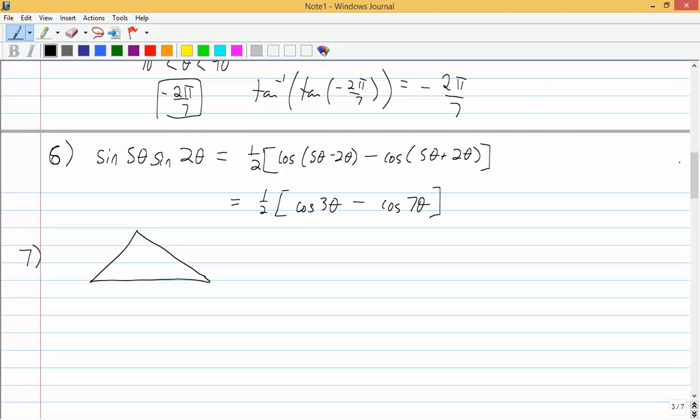Alright, so if this side's 2, this side's 6, and this angle is 20 degrees, then the area is equal to 1/2 times the product of the two sides times the sine of the angle measure that they make.